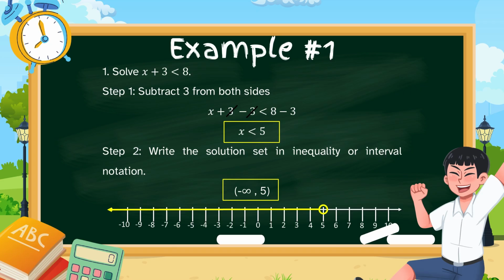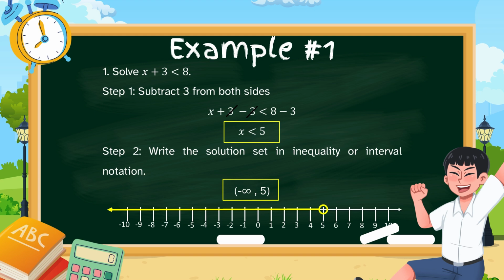Step 2. Write the solution set in inequality or interval notation. The solution x less than 5 means that any real number less than 5 will make the original statement true. On the number line below, we use an unfilled circle at 5. Why? Because the less than symbol is a strict inequality, meaning 5 itself is not included. The shading goes to the left, towards the smaller numbers, stretching all the way to negative infinity.